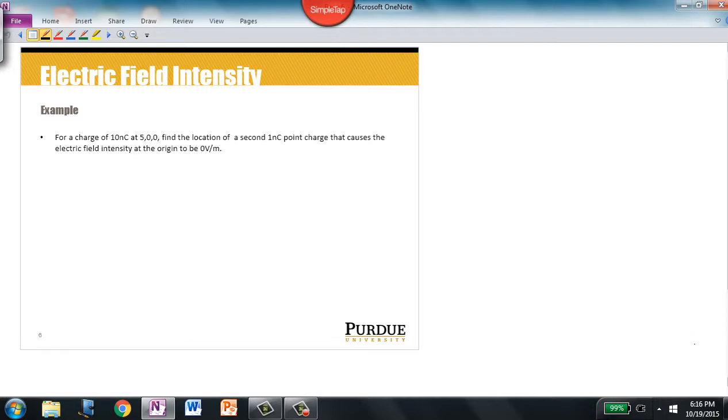To reinforce the concept of E field intensity, I want to perform an example. In this case, we've got a 10 nanocoulomb charge located at 5 meters along the x-axis. We want to place another 1 nanocoulomb point charge someplace in space, and we want the total electric field intensity measured at the origin to be 0 volts per meter.